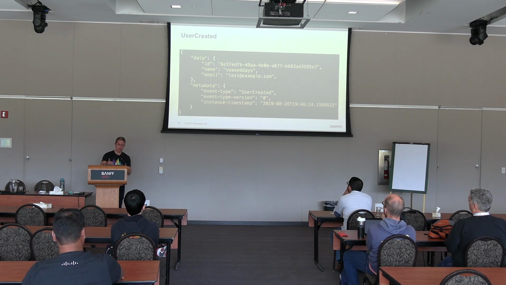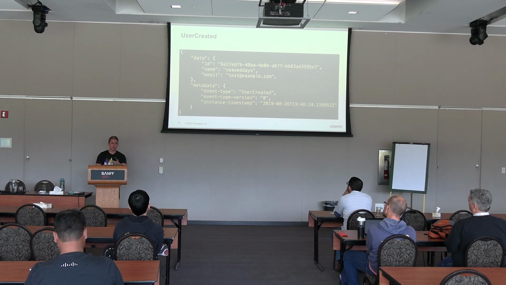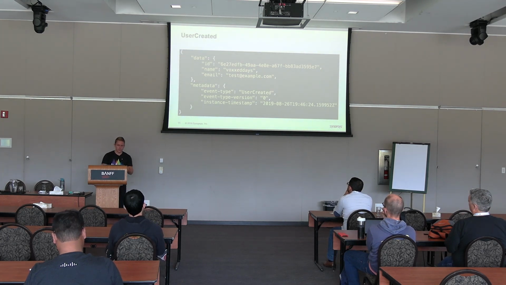So here we can see that Event Store stores everything in the JSON format, or at least presents it to you that way. And you're given 2 fields to populate. Data is going to be the information that you care about in the event that the subscribers are going to process. But you also are provided this metadata field. And this is useful for things like serialization into a Java domain object.